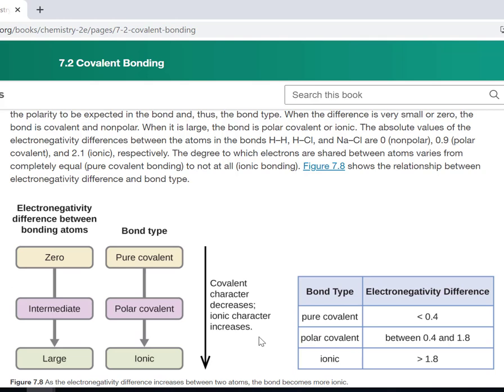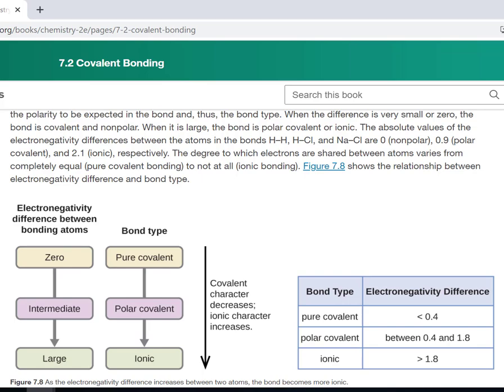In general, we can see which range we would fall into here. Generally, if the difference between electronegativities is less than 0.4, we would say we have a pure covalent bond. If it's greater than 1.8, we would say we have an ionic bond. And if it's between those two, we would have a polar covalent bond. I am not going to expect you to memorize these numbers.